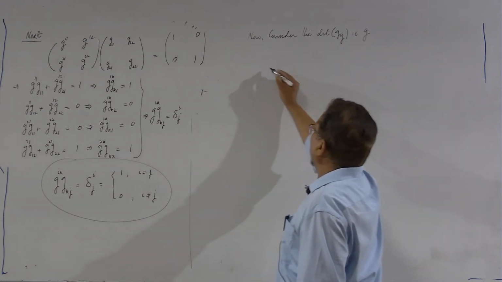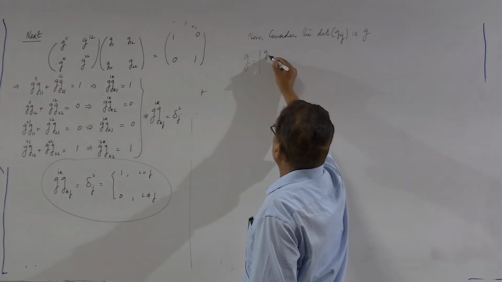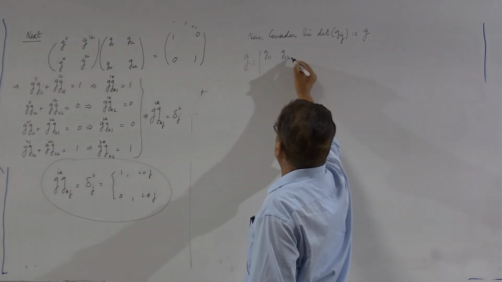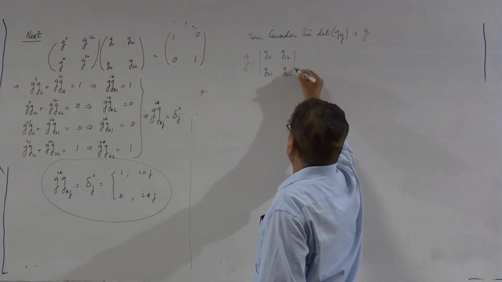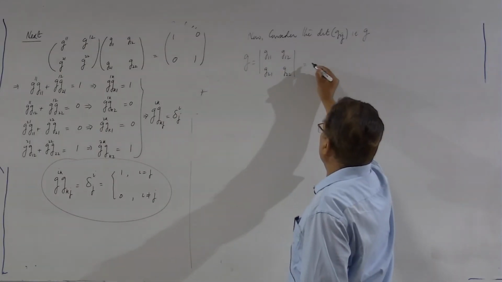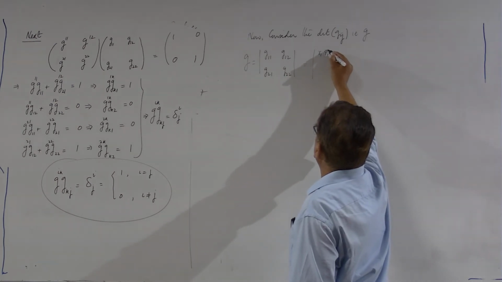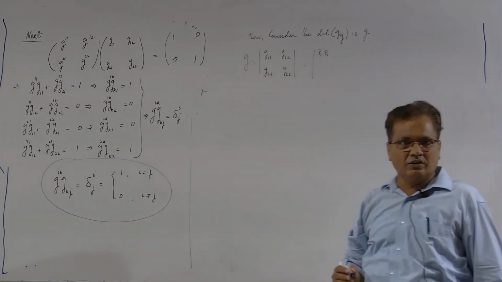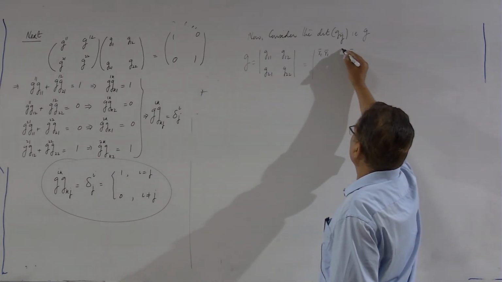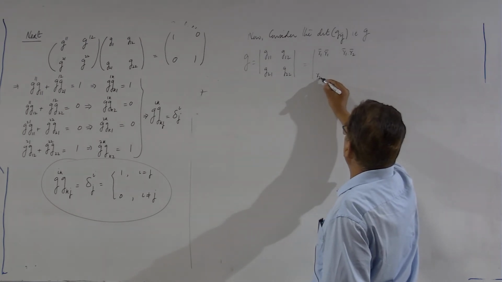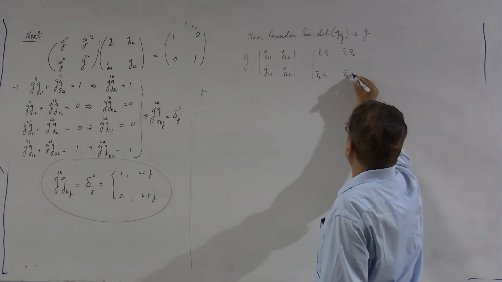So, by definition G is given by the determinant G11, G12, G21, G22. Okay. So, in the determinant you will write down this as R1 dot R1, G11 is R1 dot R1, G12 is R1 dot R2, G21 is R2 dot R1 and G22 is R2 dot R2.